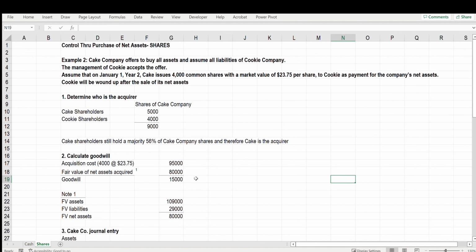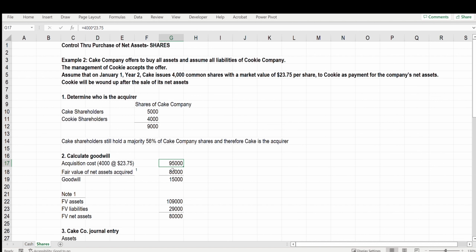And then the second step now is to calculate goodwill. Remember, we didn't really have to do the first step in the example with the cash purchase, but the calculation of the goodwill is exactly the same. The acquisition cost less the fair value of the net assets acquired equals the goodwill. So 4,000 shares at $23.75 is $95,000.